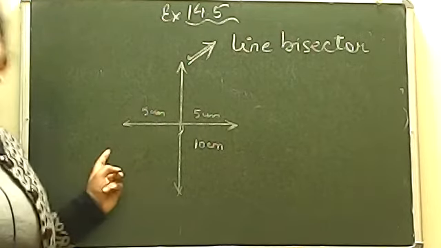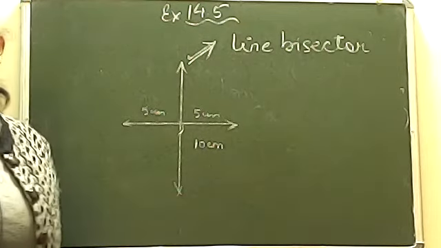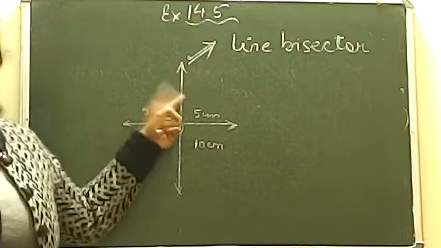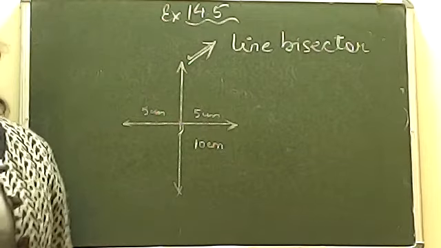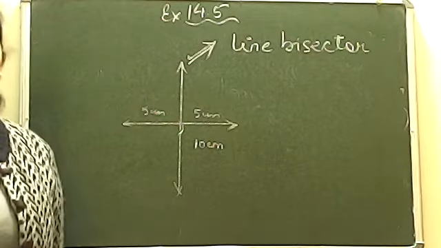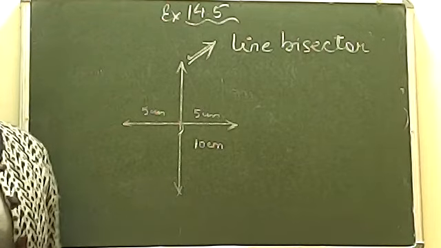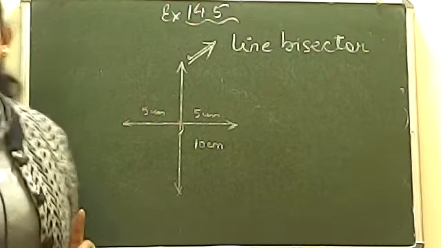And if the same line divides an angle into two equal parts, what will be the name? Can you guess it? If this line divides an angle into two parts, then what name will we call it? Can you please tell me, can you guess it? Yes, absolutely correct. We will call it angle bisector. I taught you earlier also.